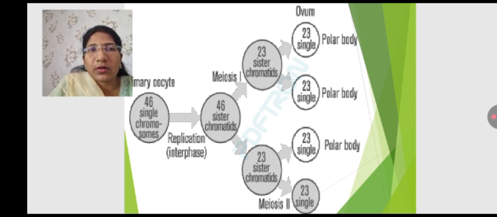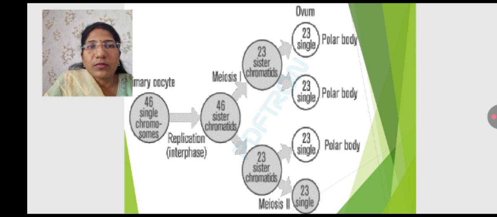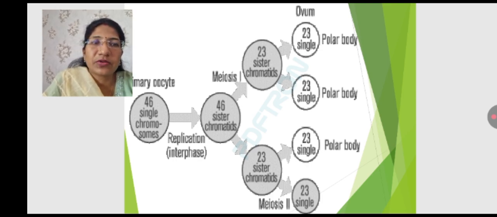Okay, we have seen that the primary oocyte consists of 46 single chromosomes which are replicated in the process of interphase, then meiosis first and meiosis second.